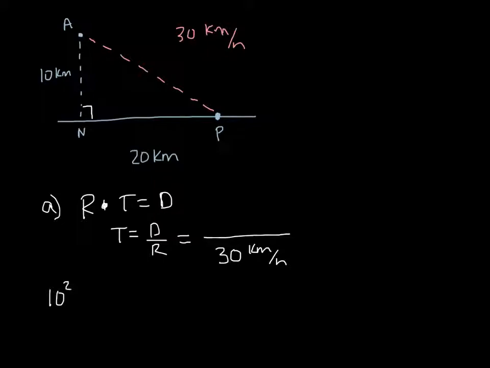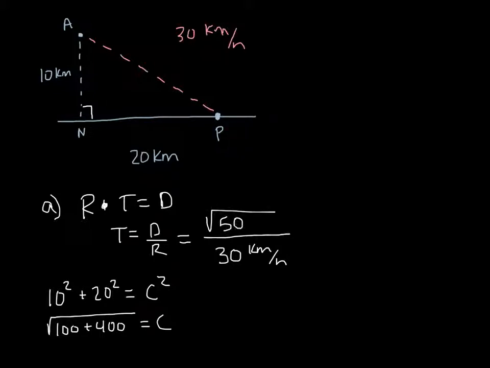So 10 squared plus 20 squared is going to be, let's call it c squared. If I square root both sides, 100 plus 400 is going to be c. So I could write up here, let's call it root 500. That can be simplified, but I don't think we really need to.